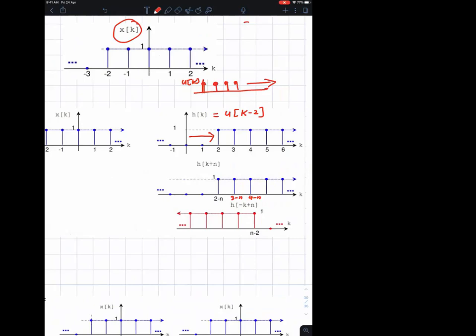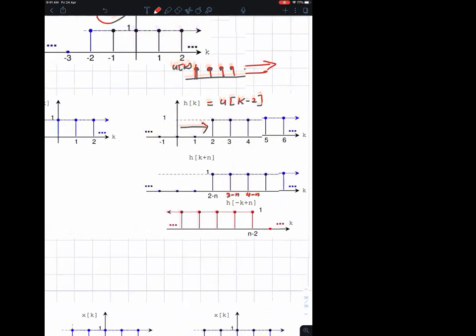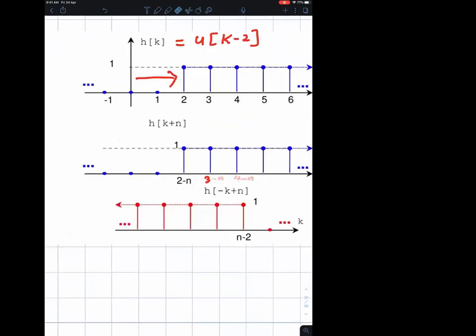Okay, after doing h, k plus n, to get h minus k plus n, you just have to inverse the signal, or flip that signal around. Actually, we don't know where 0 is.